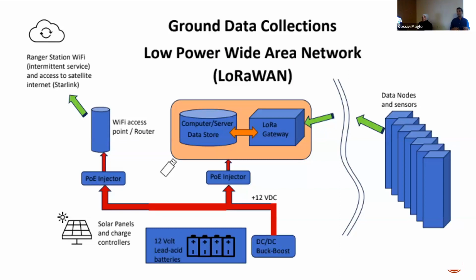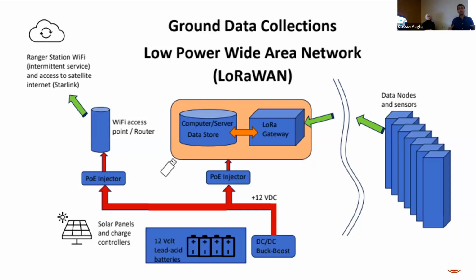The high-level installation of these sensors is that you have nodes and sensors sitting on trees, under the ground, everywhere, basically. It connects to a server that's hosted at the ranger station, and it has Starlink to upload.